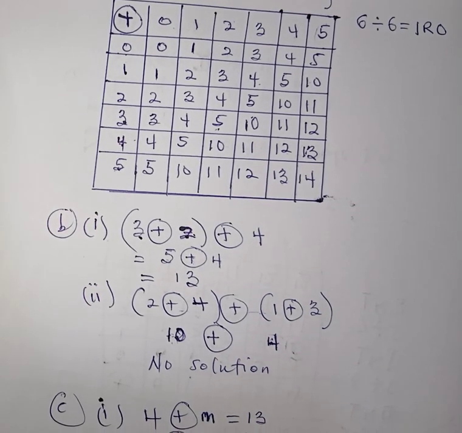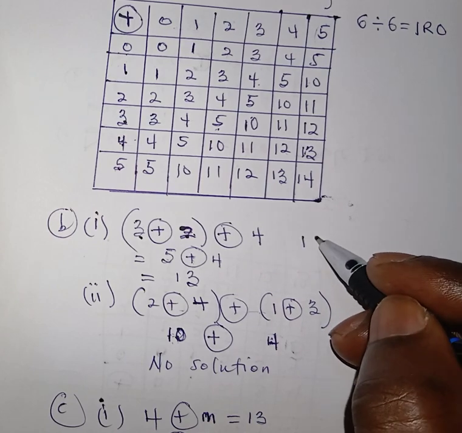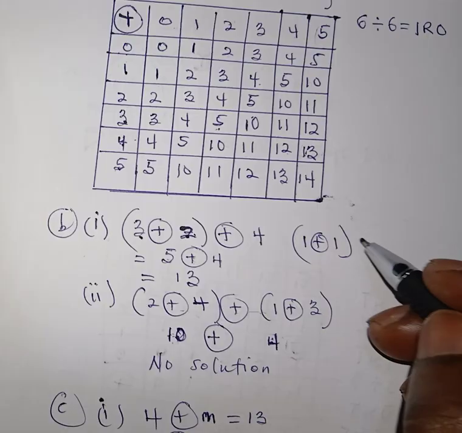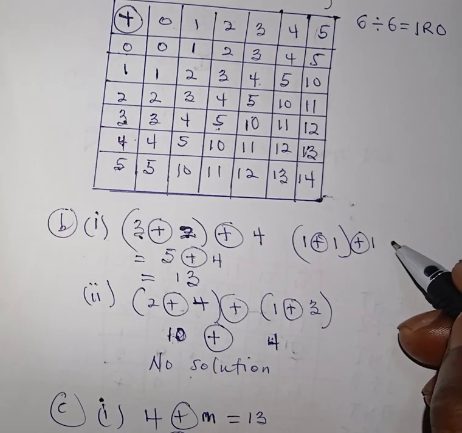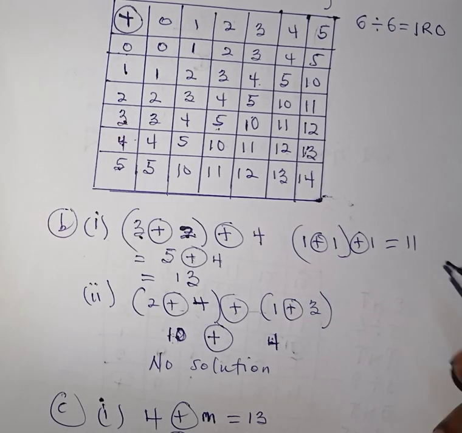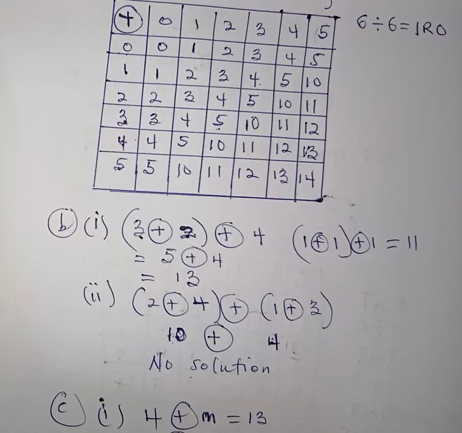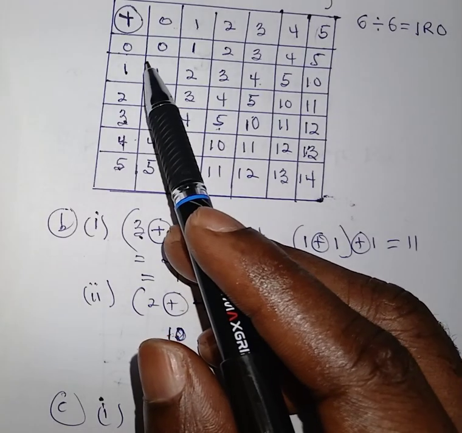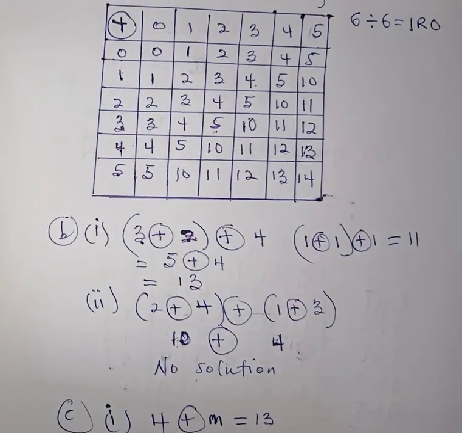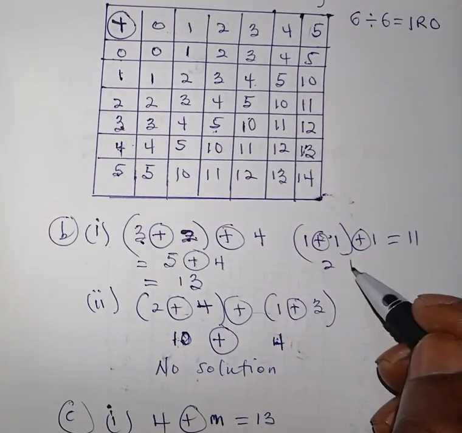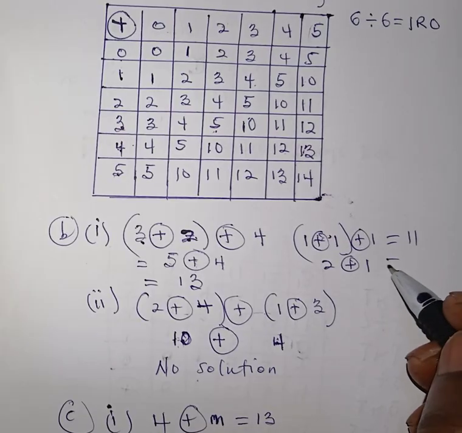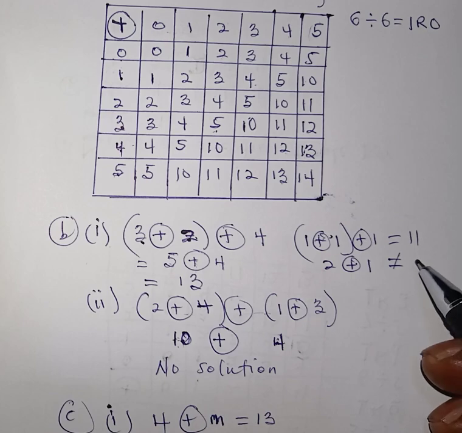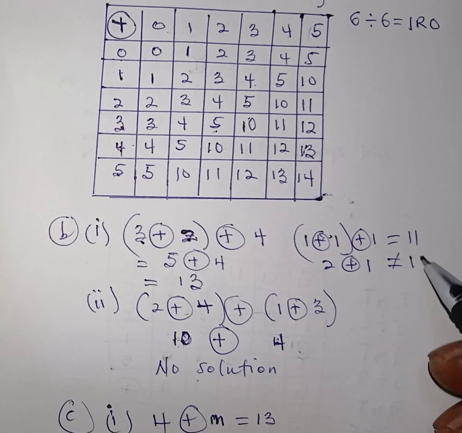If we are testing with 1, then I will try 1 plus 1 plus 1 again. Is it going to be 11? From the table, 1 plus 1 gives me 2, plus 1 is 3, which is not equal to 11.